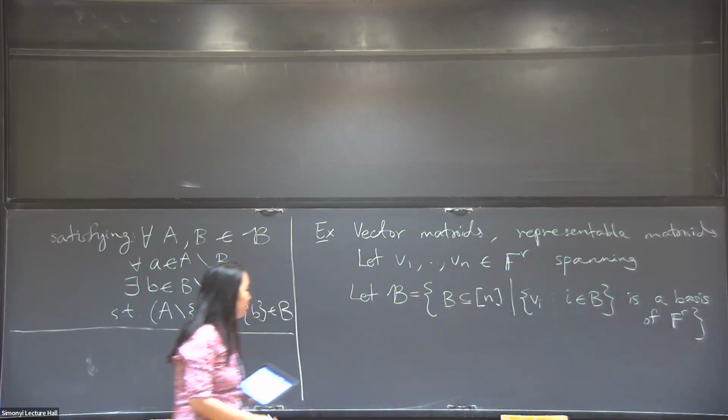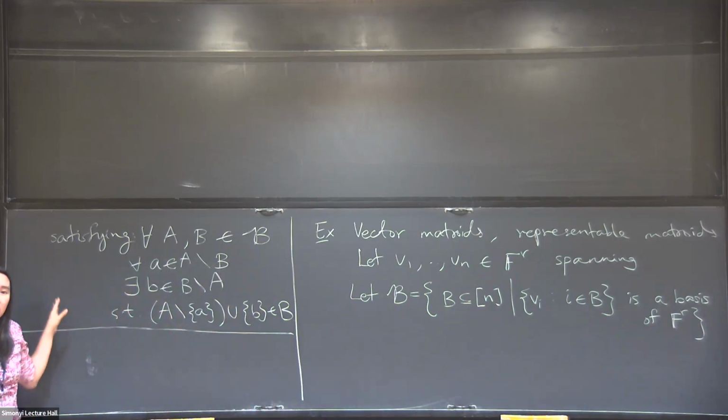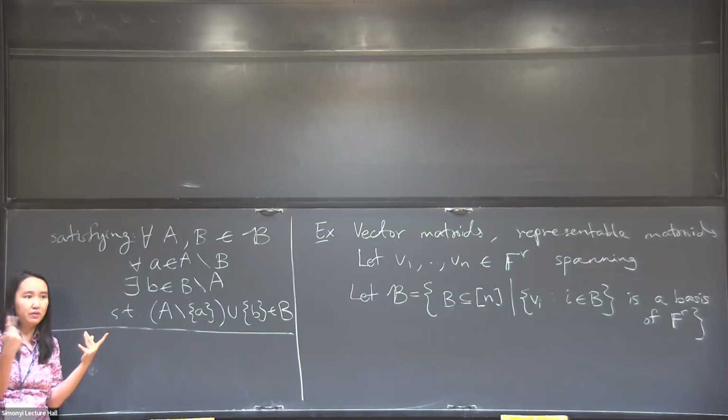Let's pause for a moment and check that it satisfies this axiom, especially if you have never seen this. If you have a collection of vectors and another collection of vectors, and one element is in the first but not the other, you can kick it out and replace it.